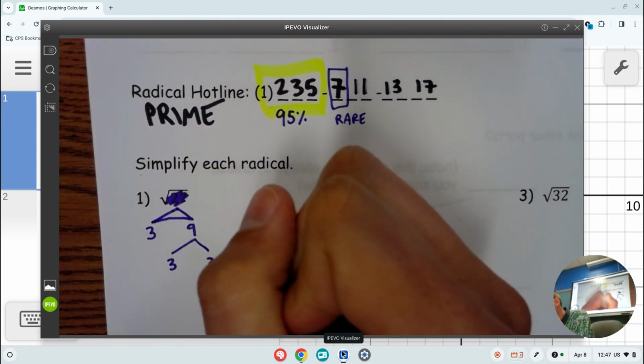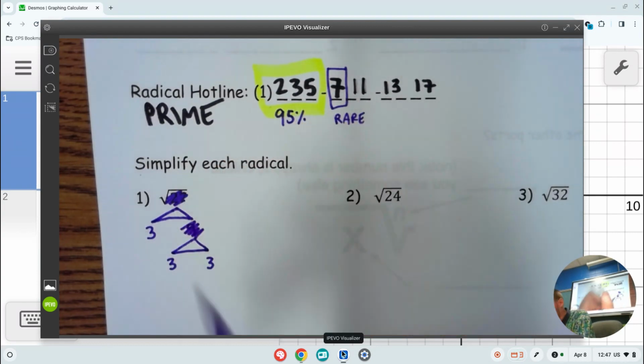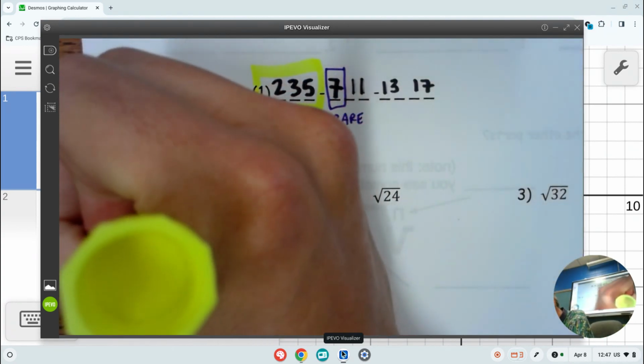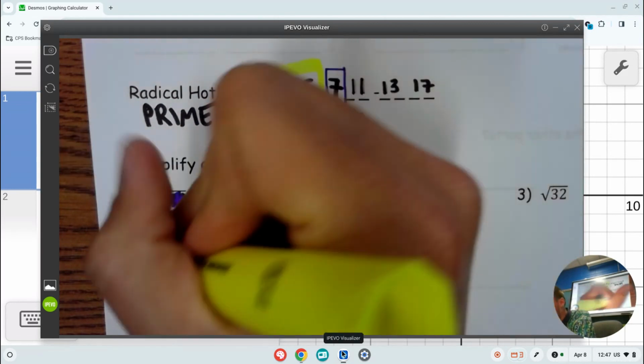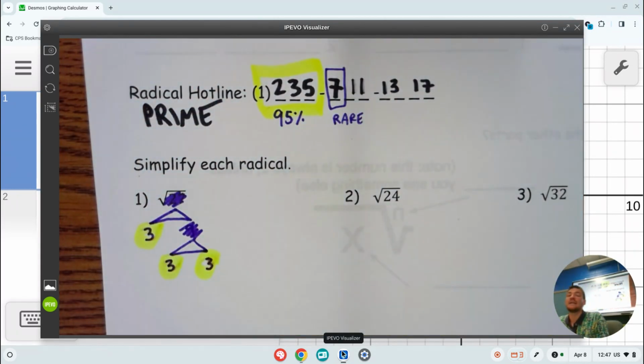Okay? I'm going to go ahead and get rid of any number that's on top of the triangle because I don't need those numbers anymore. And what you can see is that now I have 3, that's prime. 3, that's prime. And 3, that's prime. I have now all prime numbers.